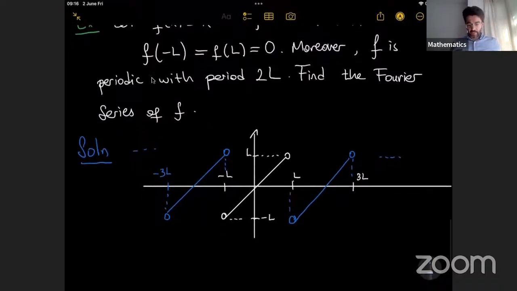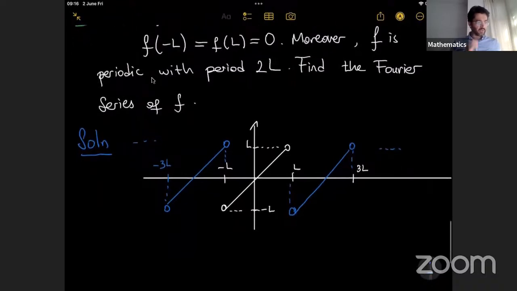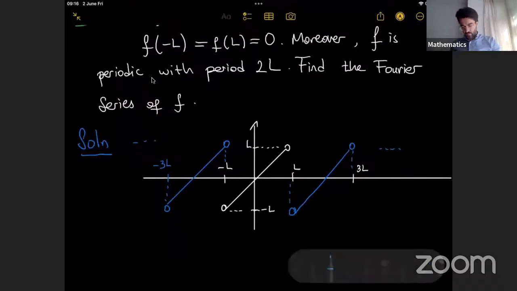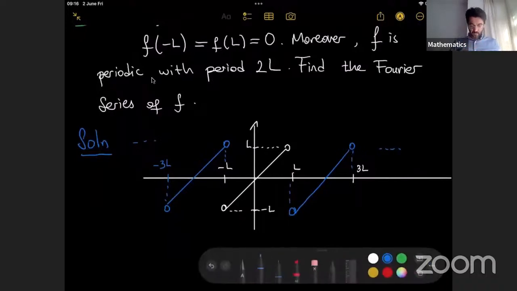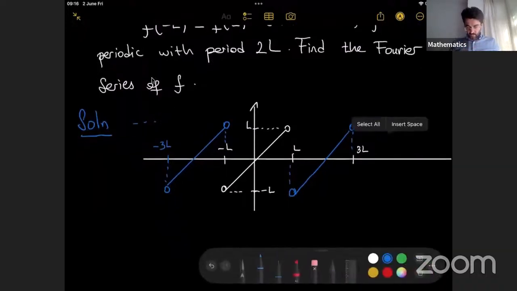Well, as you see here, it's an odd function. So we have only the sine term here, right?